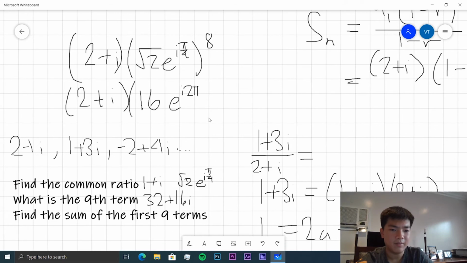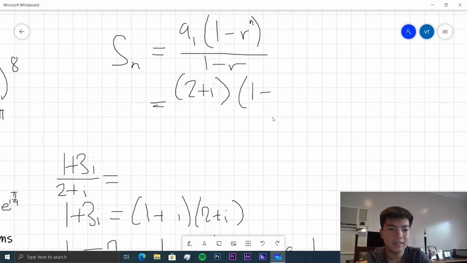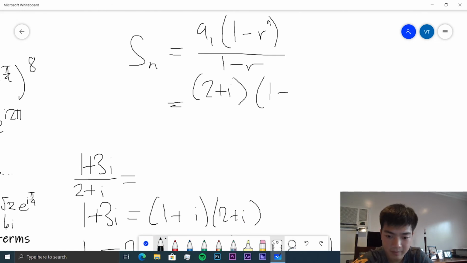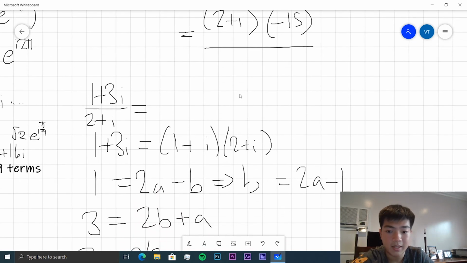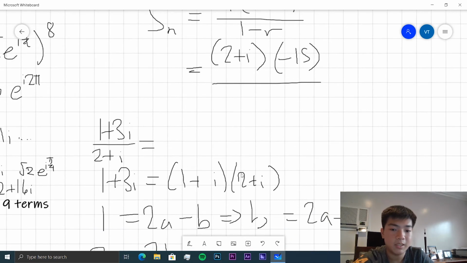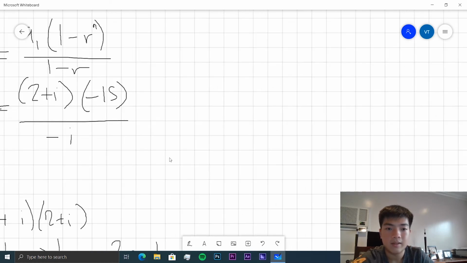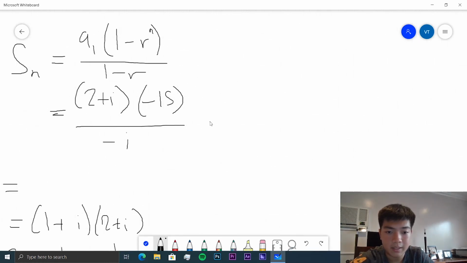So we already have that value. That is 16 e to the 2i. So this is 1 minus 16, or negative 15, divided by 1 minus r. So that r, the common ratio is 1 plus i, so that's just negative i.